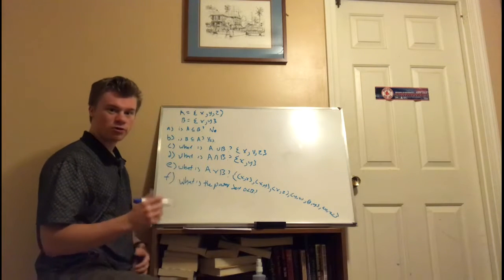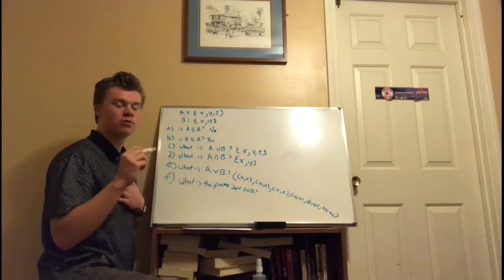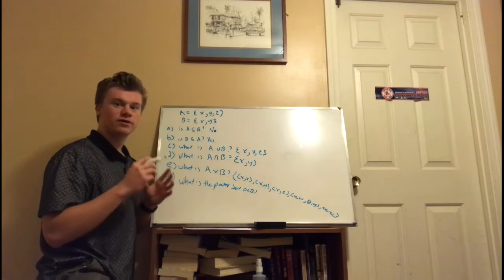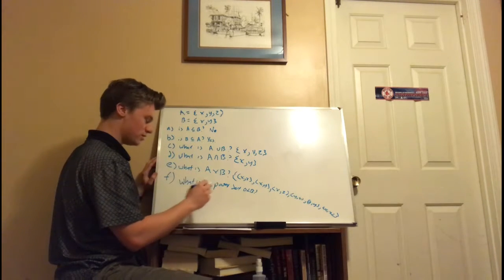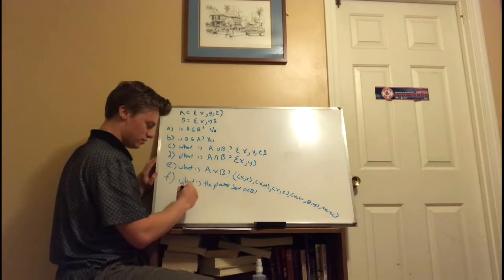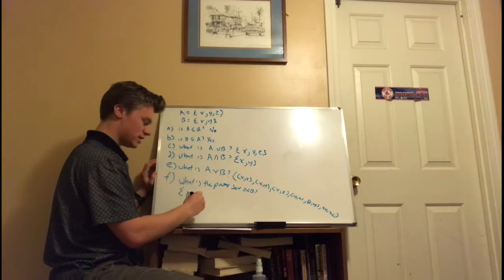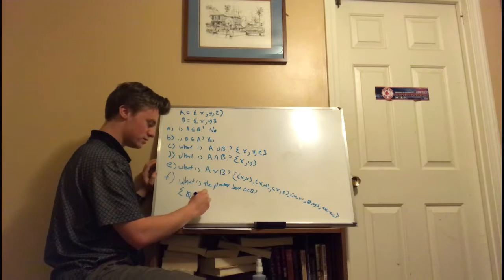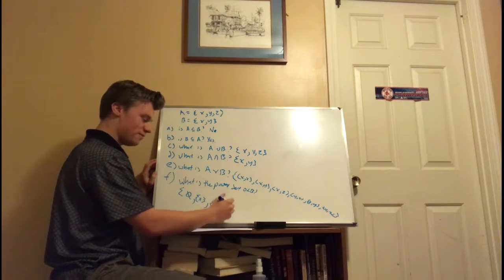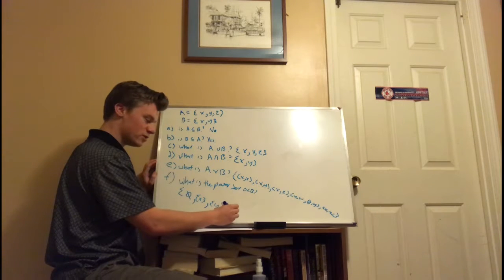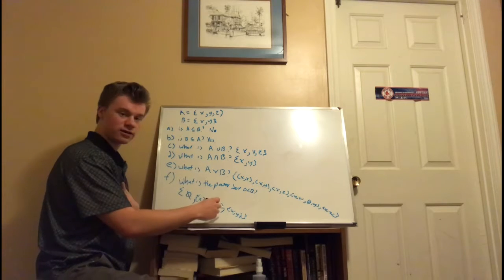A power set is all the possible subsets of set B. So in order to answer this, the power set contains null, then a set of just X, then a set of just Y, and finally a set of X, Y. And that is the whole set.